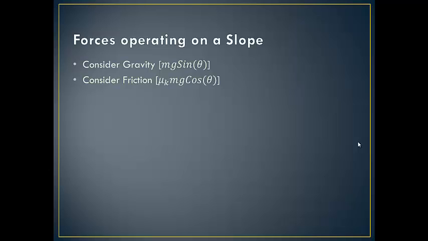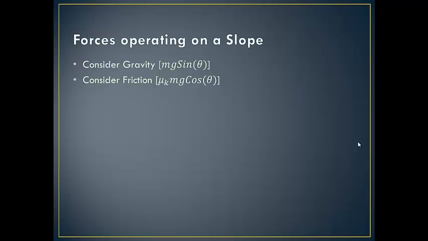Now you might be wondering why we must use sine theta and cos theta. The reason is that we are at an angle, and therefore the force of gravity doesn't act on the object to the fullest extent as it would if it was on a flat surface.